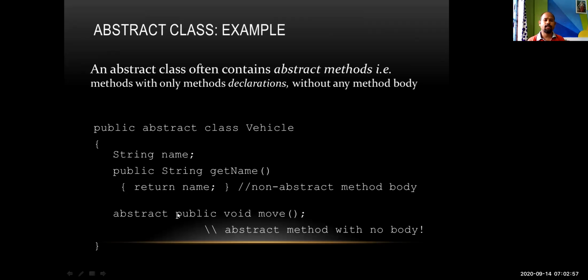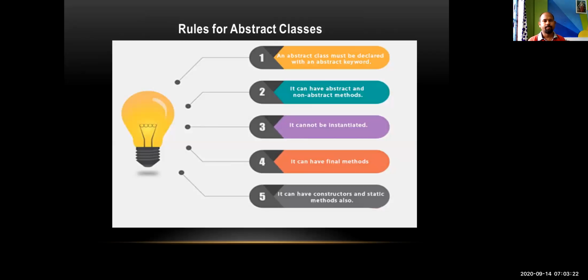But another method is there, abstract public void move, and it is just closed here. You can see the semicolon. It has no body. So this is the abstract method without any body. So these are the composition of the abstract class.